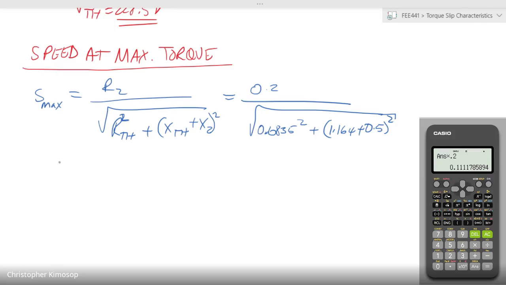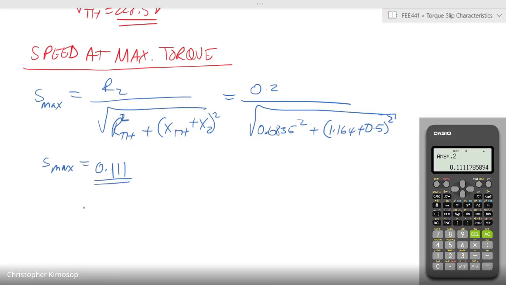And this gives us our slip S max equals 0.111, so roughly 11.1 percent.